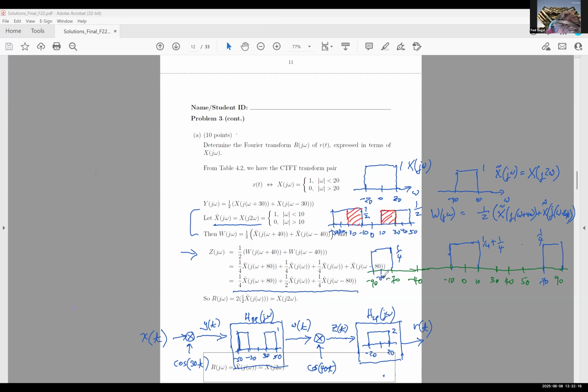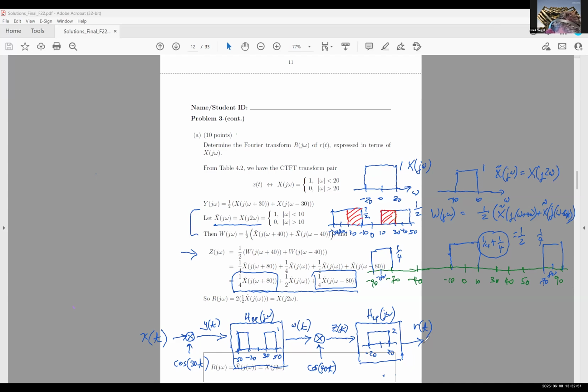So remember, this is going to be minus 80 and this is plus 80 here. So we get a copy of the x tilde of j omega shifted to the left by 80 and multiplied by 1/4. That's that first term right here. And we get the analogous thing to the right, shifted to the right by 80 and scaled by 1/4. And in the middle, we had the two copies that added up to basically exactly a copy of x tilde of j omega times 1/2.